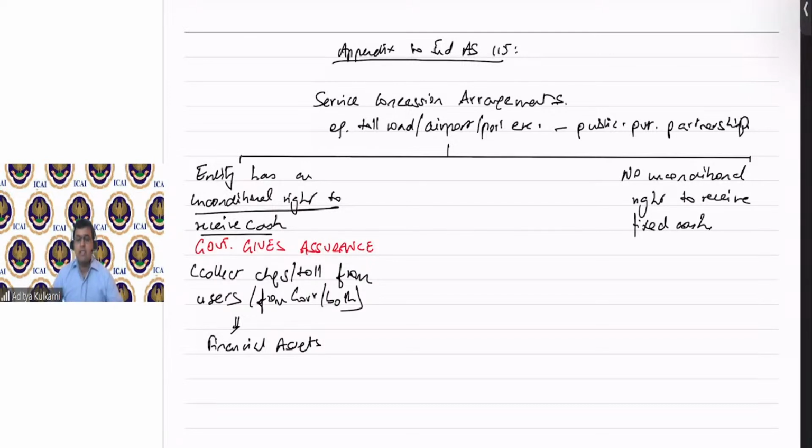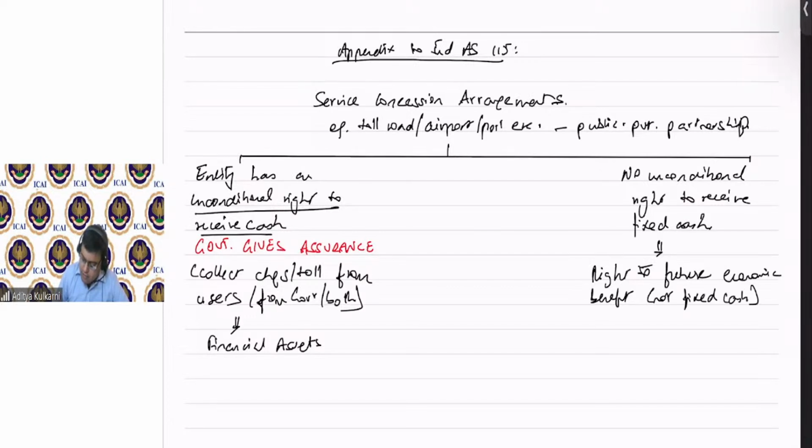And therefore, there is no right to receive a fixed amount of cash. But there is a right to future economic benefit. Not fixed cash. Okay, it is a right to a future economic benefit.